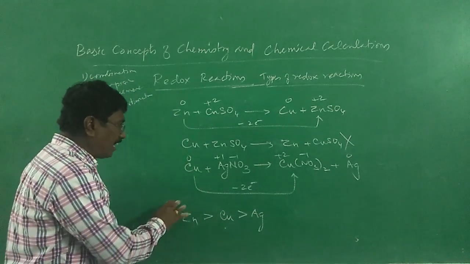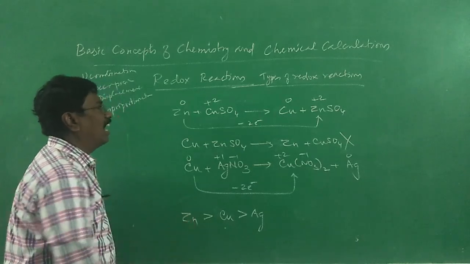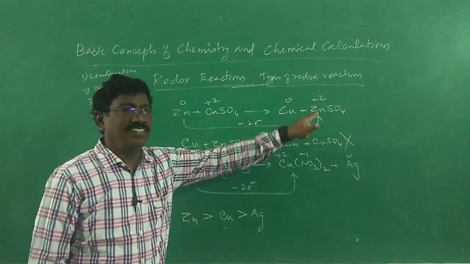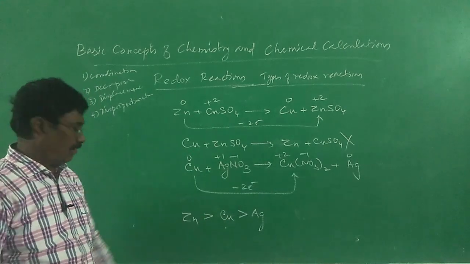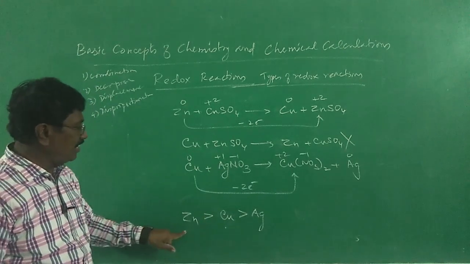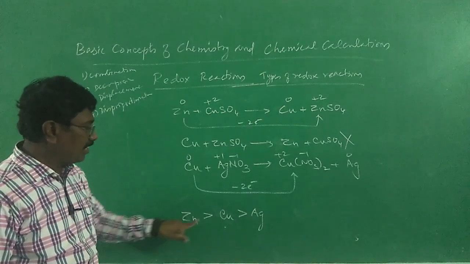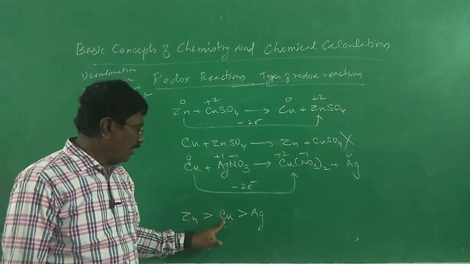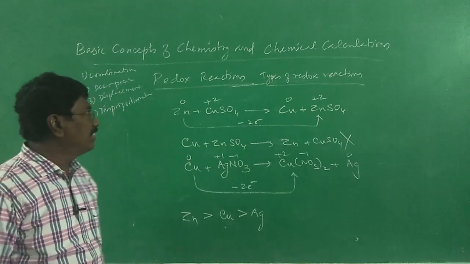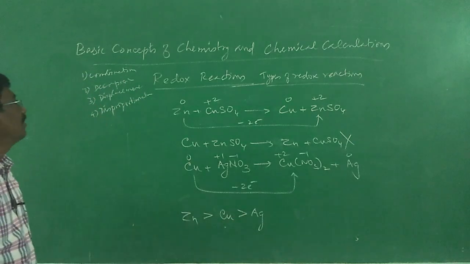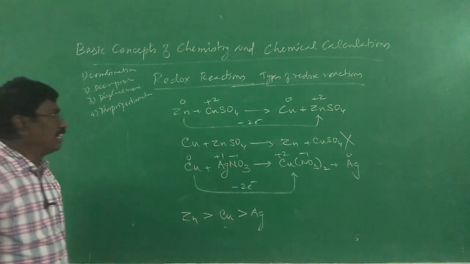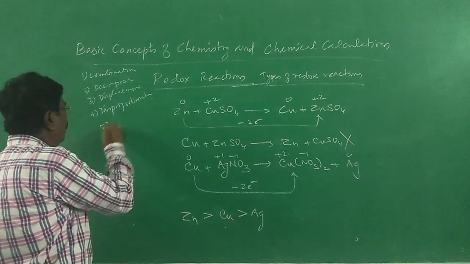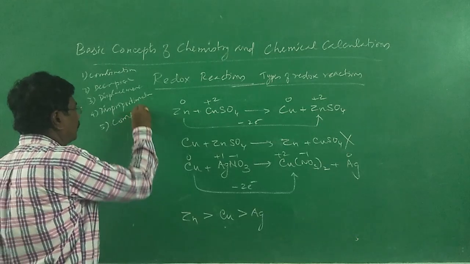Therefore, it can readily lose electrons. In terms of the tendency to lose electrons, we can say zinc is much better than copper, and copper in turn much better than silver. And this reaction we say competitive electron transfer. So fifth type, competitive electron transfer.